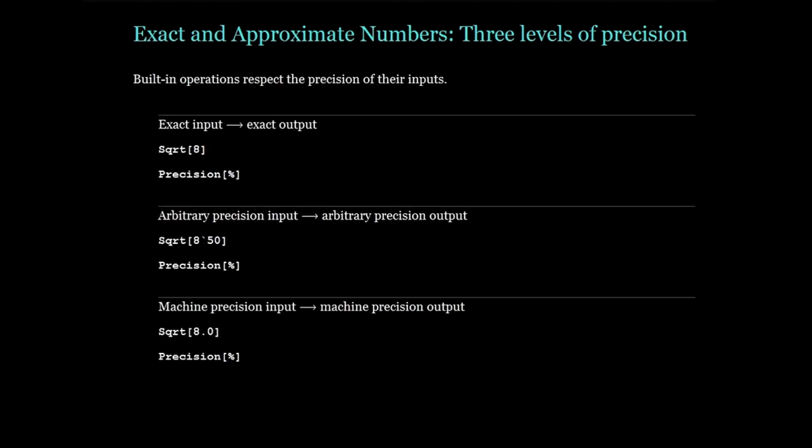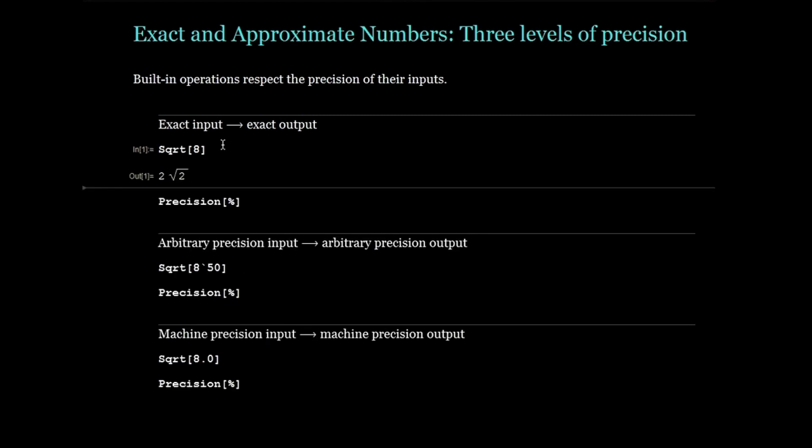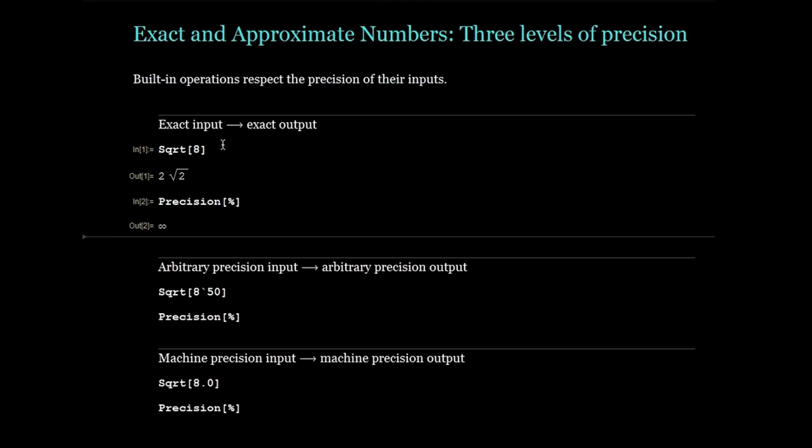When you apply mathematical operations to numbers with any of the three levels of precision, the precision of the output is determined based on the precision of the input. Typically, for exact input, you get exact output. A precision of infinity means an exact number.